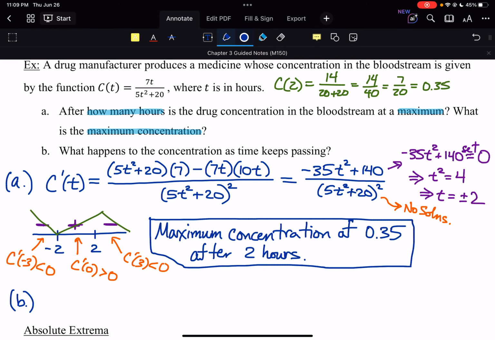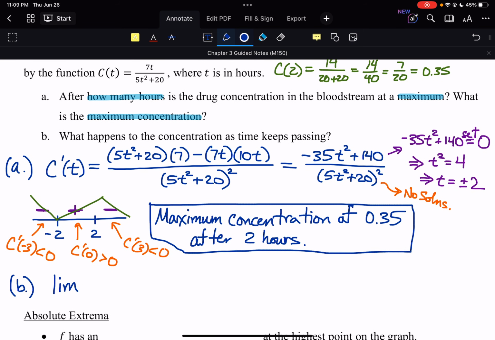We can prove this by taking the limit as t goes to infinity, so as time goes on forever, of 7t over 5t squared plus 20. And then we can simplify this using some of our limiting tricks.